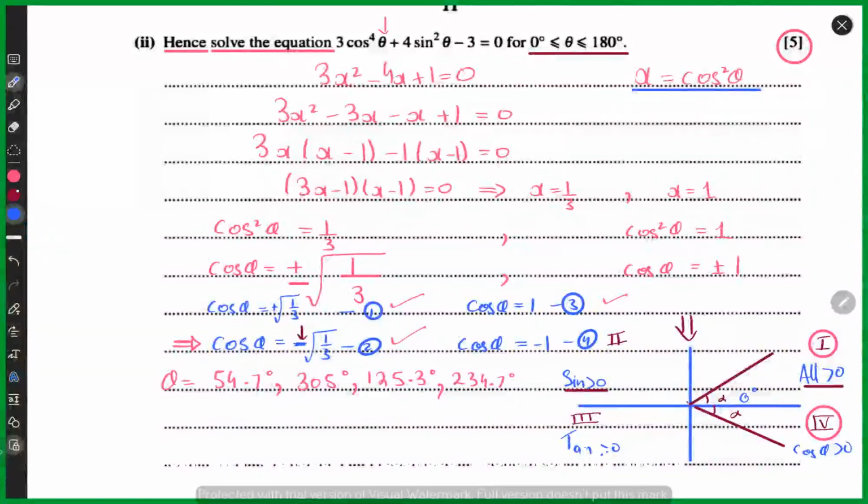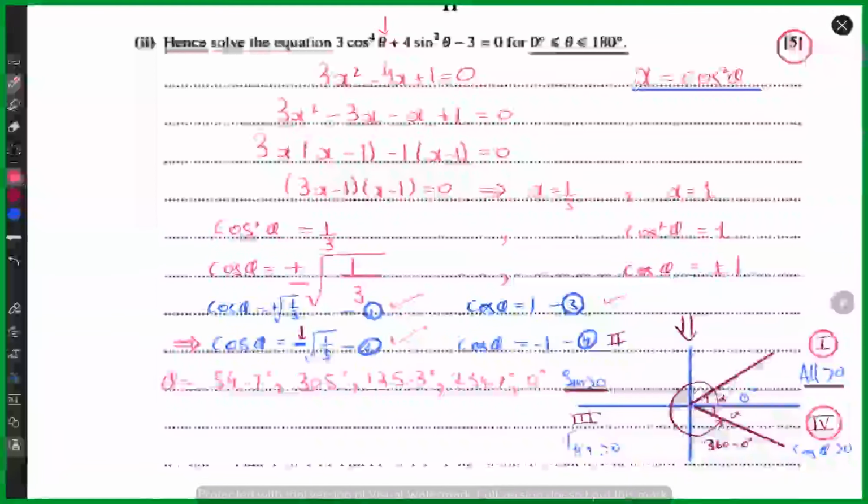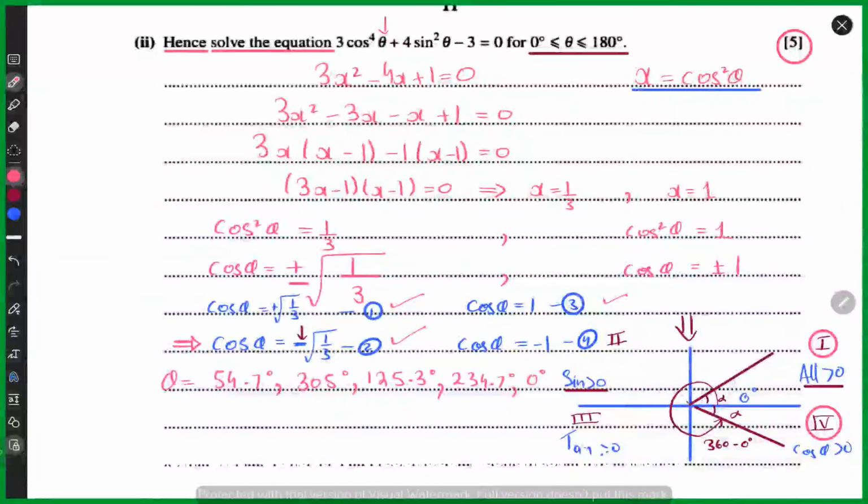For the fourth quadrant, I'll go all the way from here to here, and this is going to be 360 minus alpha, and that is 0. So the first quadrant gives 0 degrees, and the fourth quadrant gives 360 degrees.